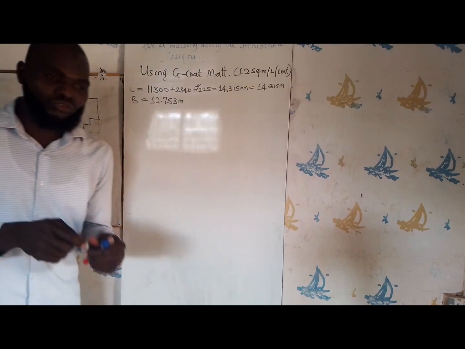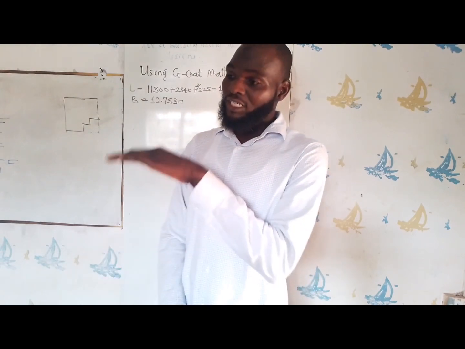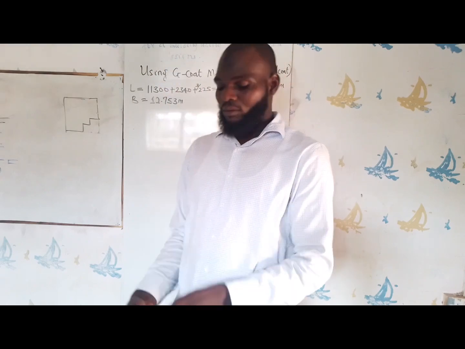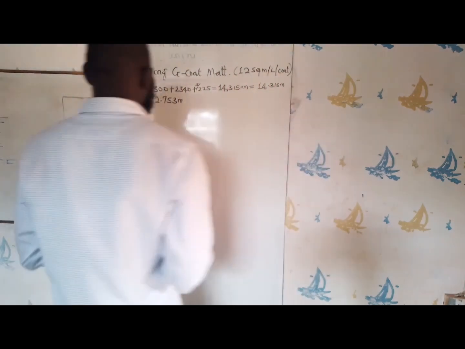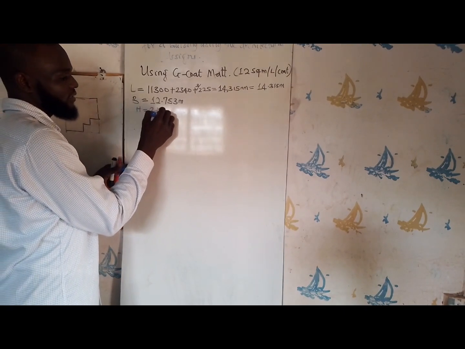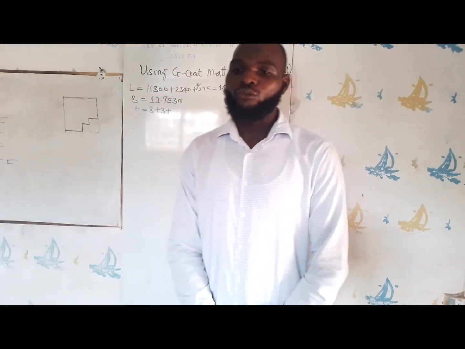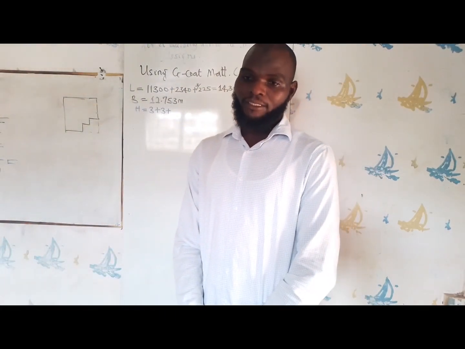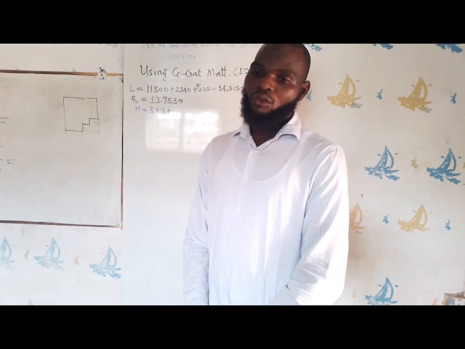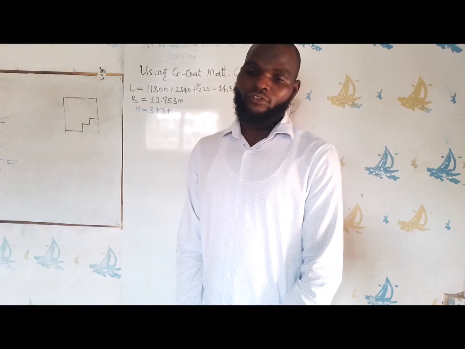Another thing we need to know is the height of the building. We have the ground floor and the first floor, so our height will be 3 plus 3 plus. We need to know how the roof slopes from our roof design. What is the roof height?